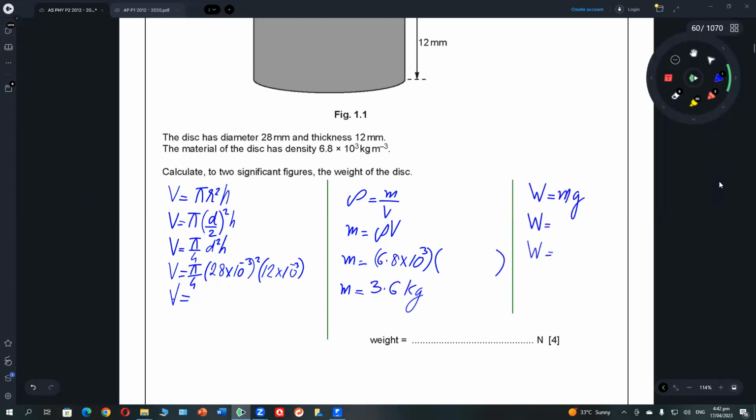Then we have to convert it into weight. So 3.6 into 9.81. It comes 35.3 Newton.